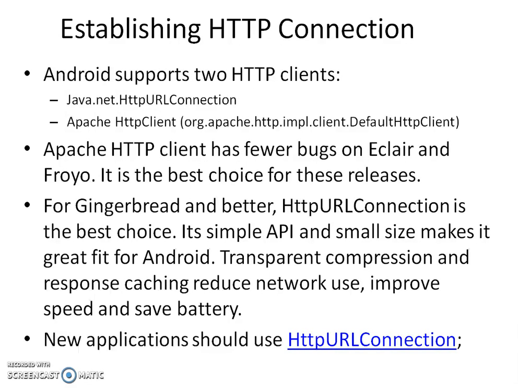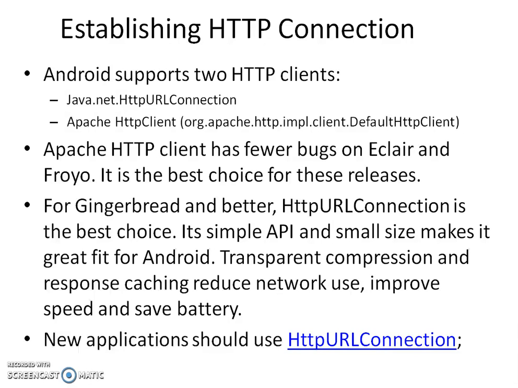So there are two ways of making this connection with the server. Android supports two types of classes. One is the java.net.HttpURLConnection, and another is the Apache HTTP client. Apache HTTP client is a very huge application, and this has been deprecated in Android.